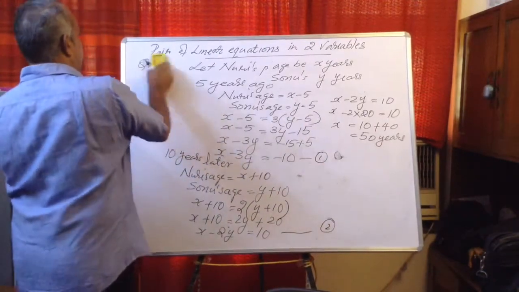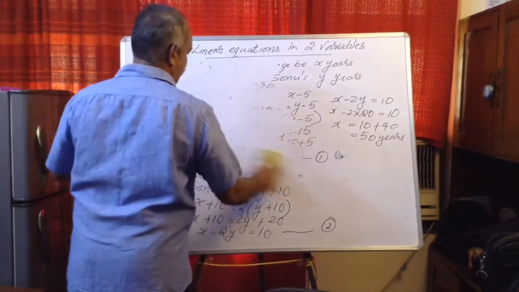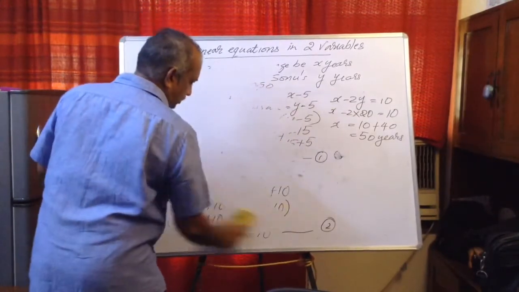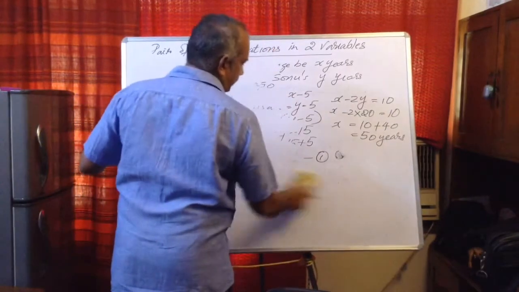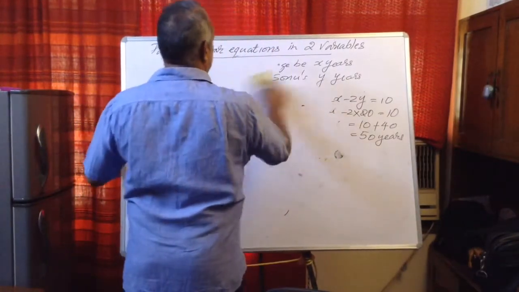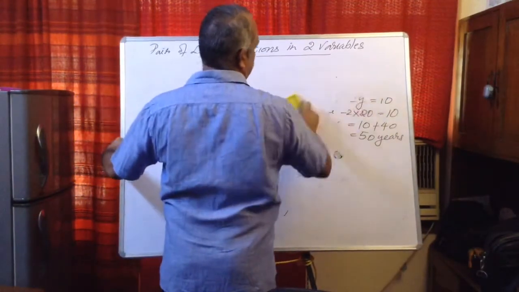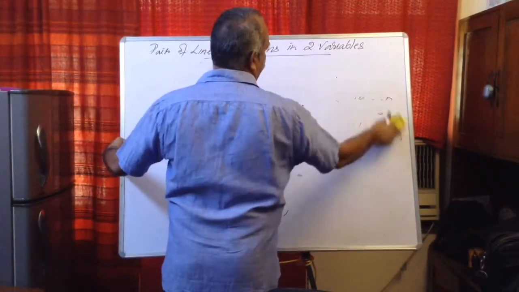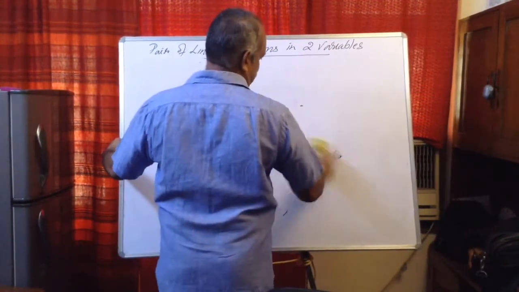So the sum of the digits of a 2-digit number is 9. If we add the digits, what are 2-digit numbers? Numbers from 10 to 99. So the sum of the digits of a 2-digit number, say for example 54 can be the answer, because 5 plus 4 is equal to 9.